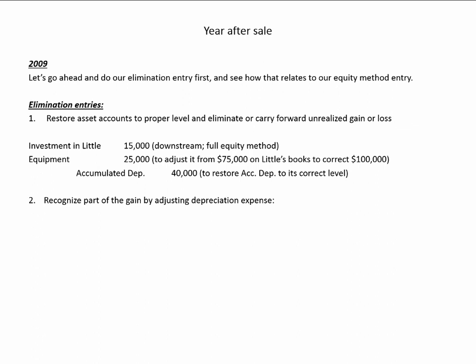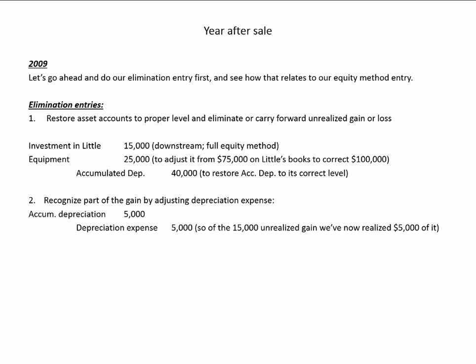We're killing two birds with one stone. Basically, we're adjusting depreciation expense downwards from the $25,000 that Little is reporting down to the $20,000, which would be the true value. And again, we're essentially reversing or undoing $5,000 of depreciation expense.